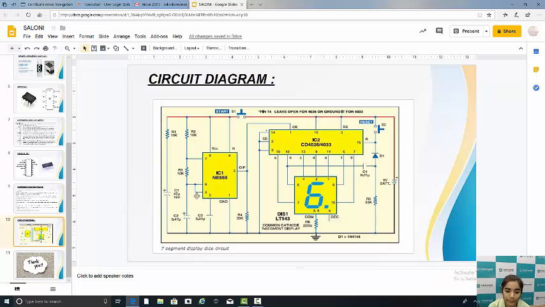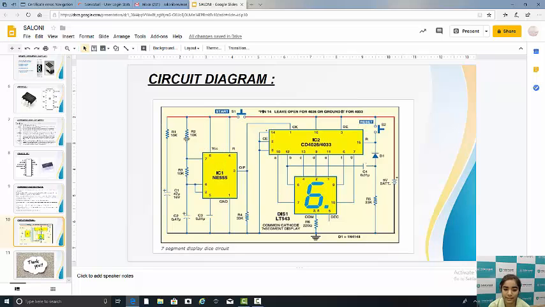Now here the sixth and second pins of the 555 are internally shorted. The fifth pin we connected with a 0.01 microfarad capacitor. Pin one we connected with ground. The fourth pin we connected with reset for the start switch.